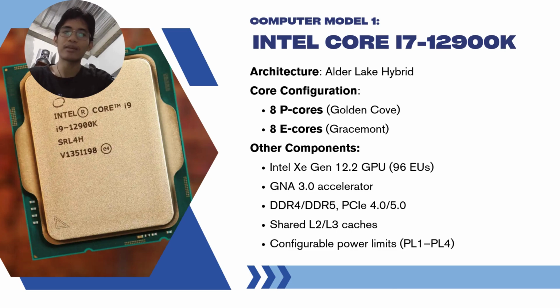The P cores are designed for heavy workloads like gaming and rendering, while the E cores are designed to handle background tasks and improve efficiency. The processor also includes an Intel Xe GPU, AI acceleration hardware called GNA 3.0, and support for new technologies such as DDR5 memory and PCIe 5.0.